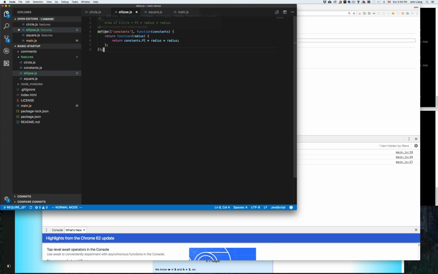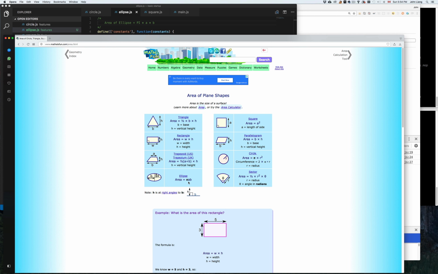Again, we use the RequireJS define to load in the constant for pi, because the area of an ellipse is equal to pi times axis A times axis B. Let's take a look at the diagram. The area of an ellipse is equal to pi times A times B.